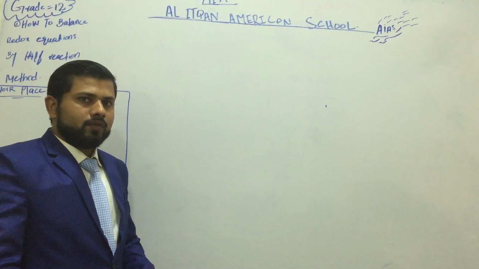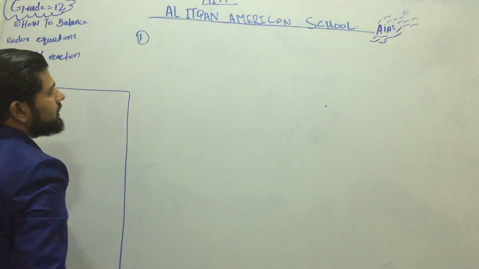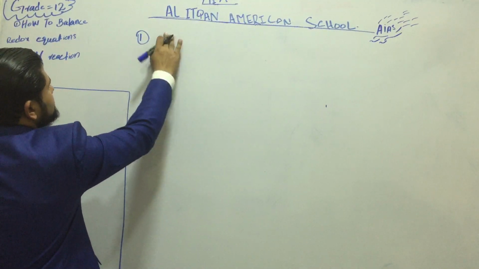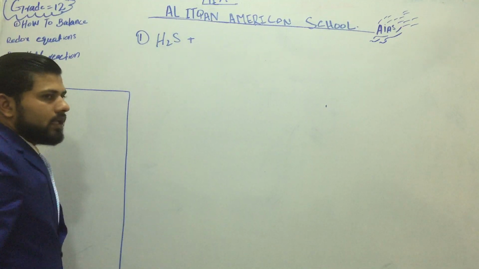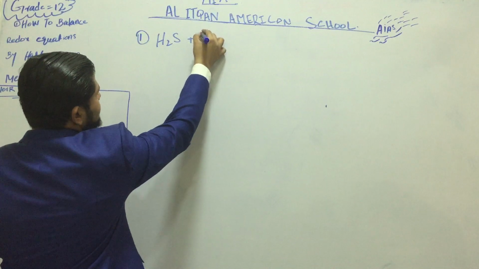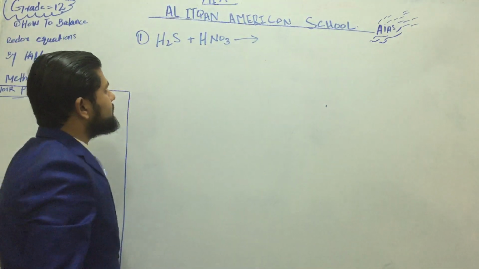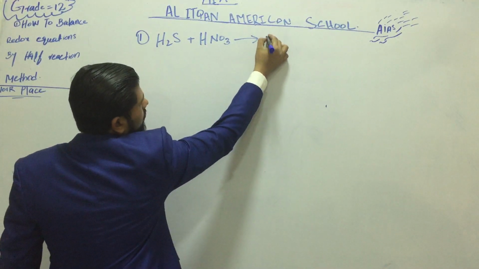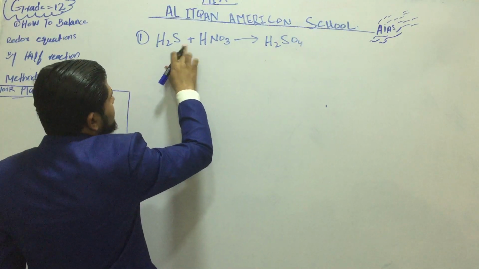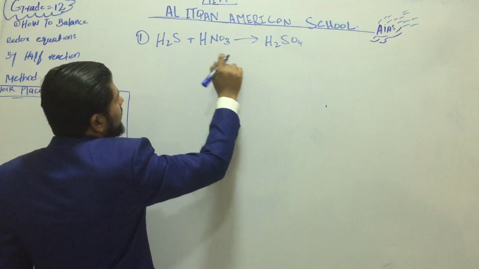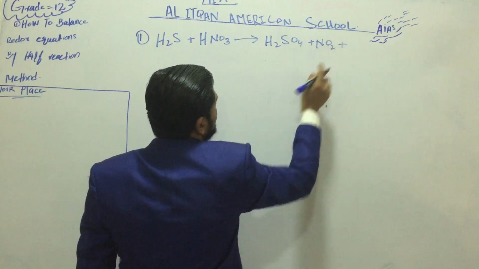First step is you have to write your general equation, which would sometimes be given. Over here you are given hydrogen sulfide, H2S, plus nitric acid, HNO3, and that will give us H2SO4, another acid, and then sulfur, then nitric oxide, and then what's left?